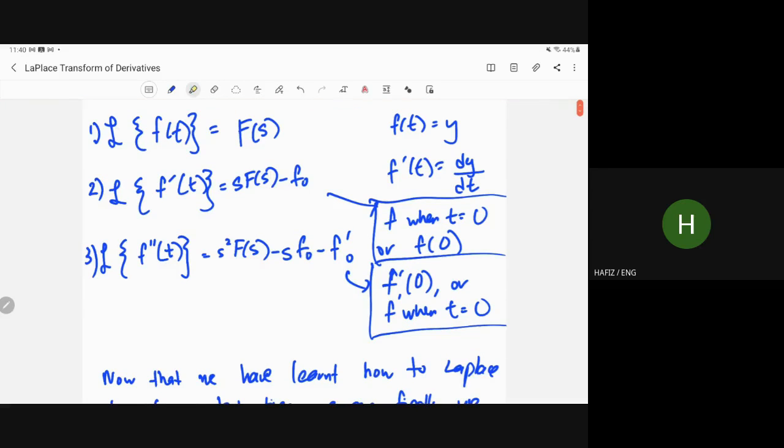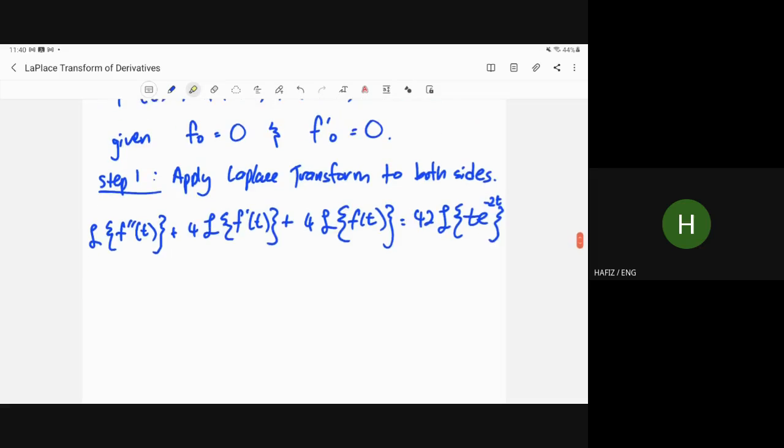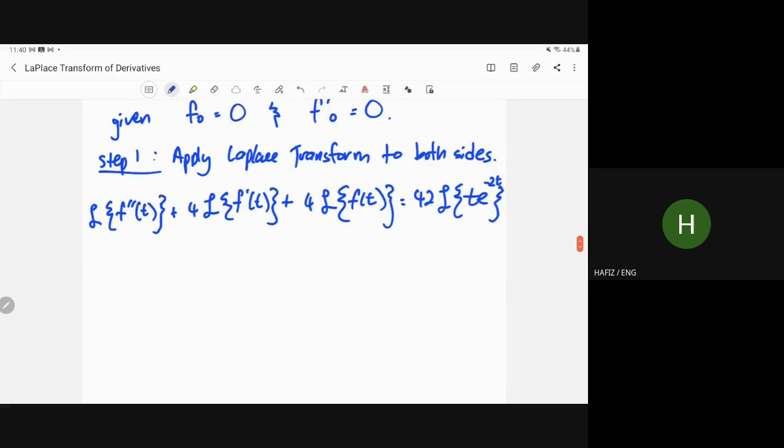All of these 3 you need to replace and put into the equation on the left hand side. The one on the right hand side, you need to use the rules that we have learned before.